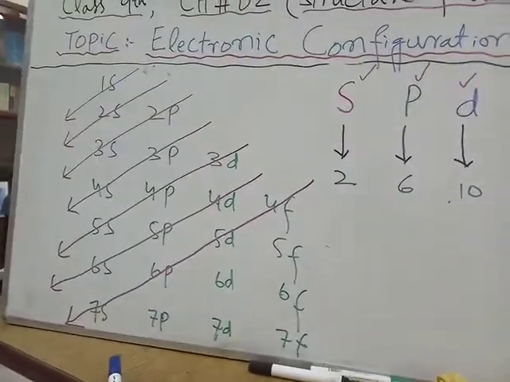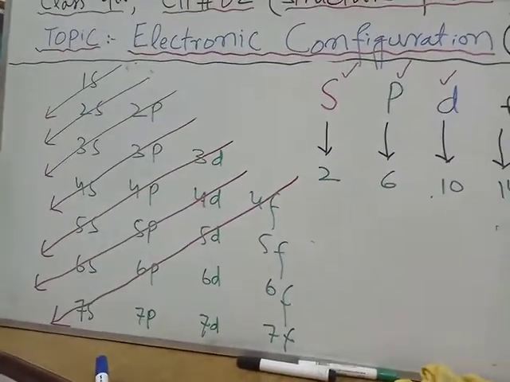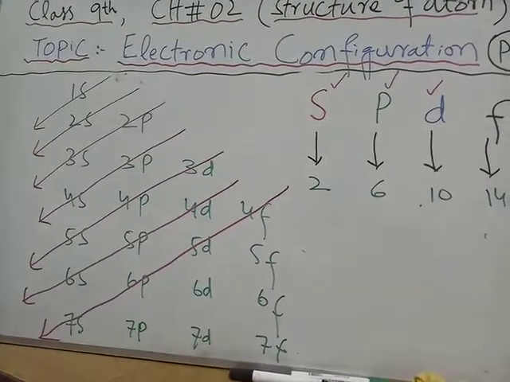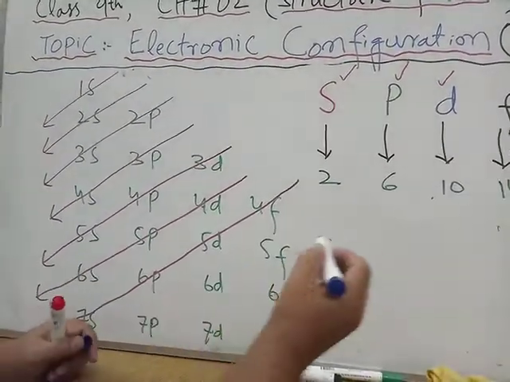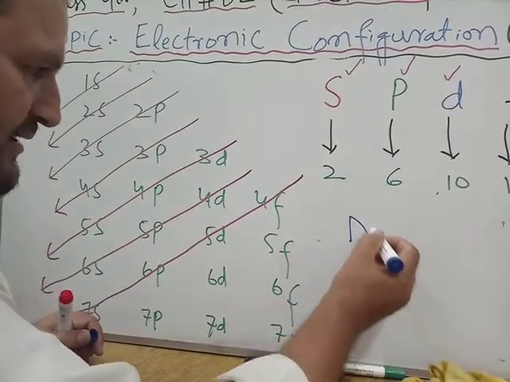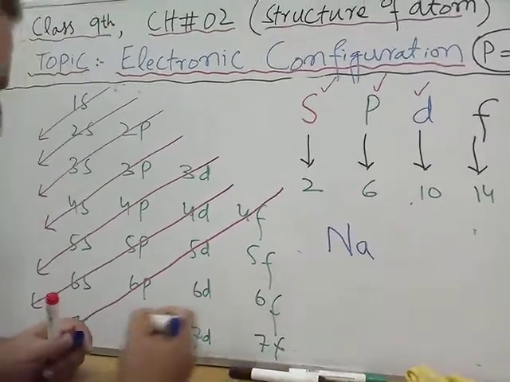Let's say if someone gives us a symbol of an element and asks us to write its electronic configuration, for example, Na. This is the symbol of the sodium element.